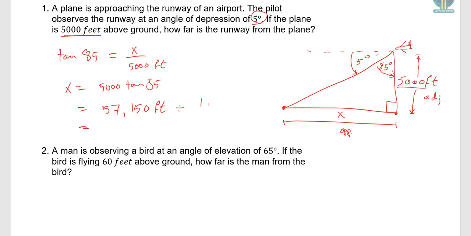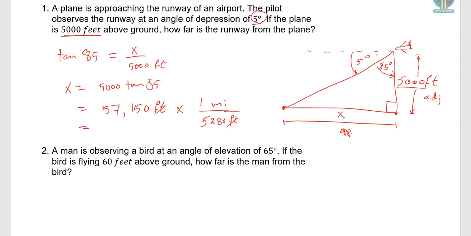Which can be converted to miles by multiplying by 1 mile per 5280 feet. Actually, I'm sorry, this is 5280 feet per 1 mile, so feet cancels with feet.